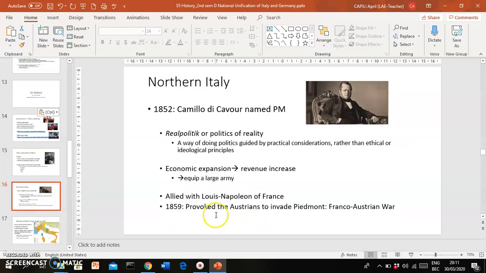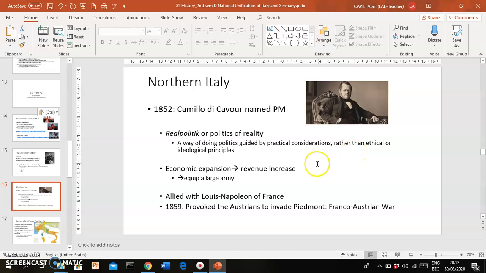Now, we start in northern Italy. Victor Emmanuel would name Cavour, Camillo di Cavour, as his prime minister, and Cavour was a practitioner of realpolitik, or the politics of reality. What is realpolitik? Realpolitik is a way of doing politics that did not rely on ethical or ideological principles.